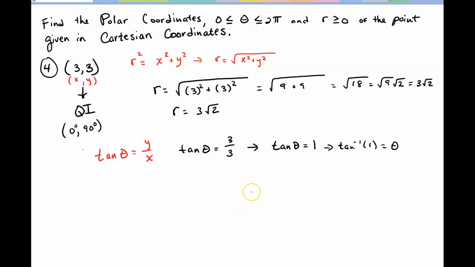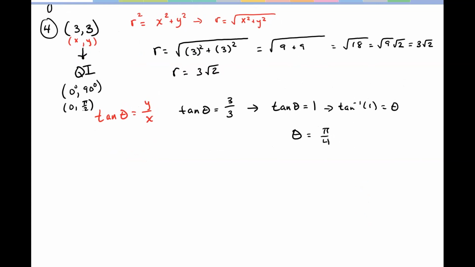This is fairly simple to do because in 0 to 90, there's only one place that happens, and that happens at theta equals pi over 4. Now think about it. Where in 0 to 90, or 0 to pi over 2 radians, does it occur that the tangent is equal to 1? Where are y and x the same, in other words? Look at the unit circle and you'll find that. All right, so theta equals pi over 4.